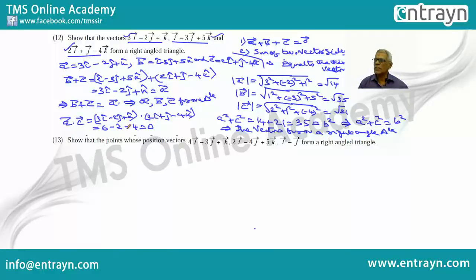So a vector dot c vector is 0 means a vector and c vector are perpendicular, therefore they form a right angled triangle.